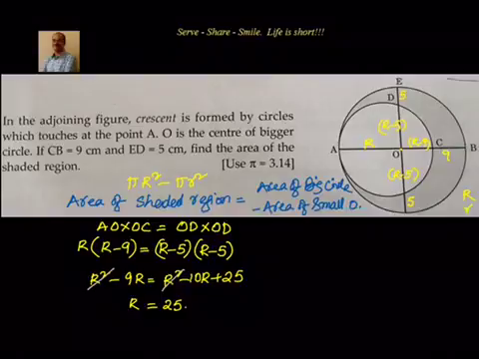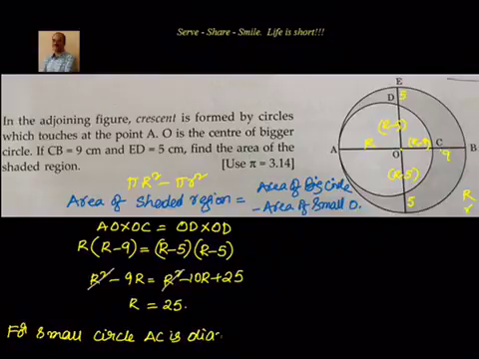Now how to find out small r? We know that for the small circle, AC is diameter. But AC is nothing but R plus R minus 9, that is 2R minus 9.